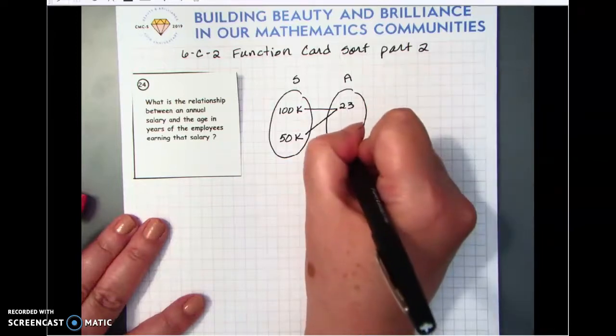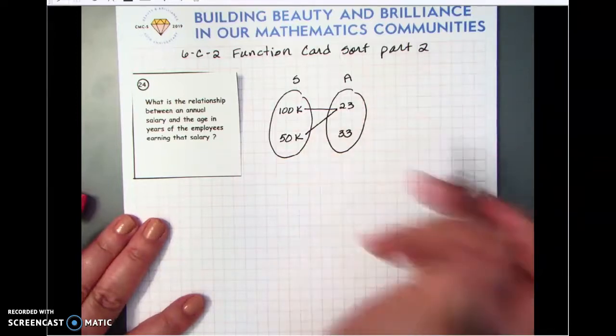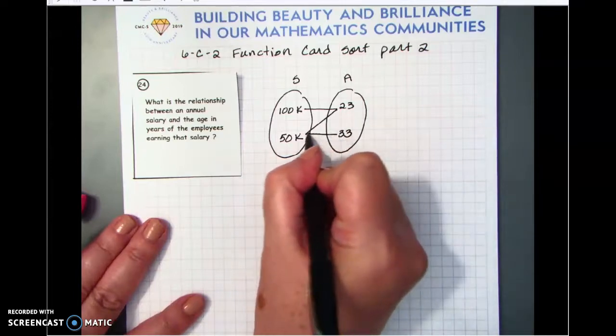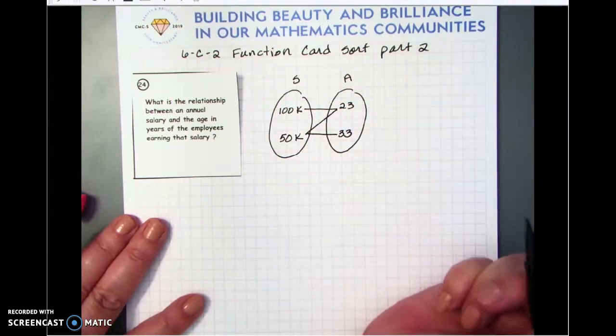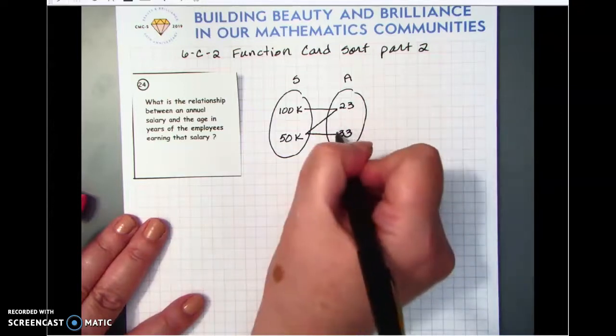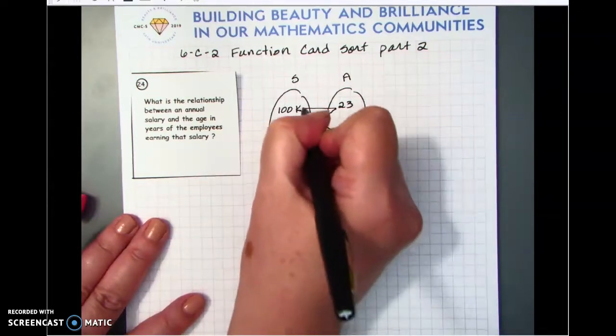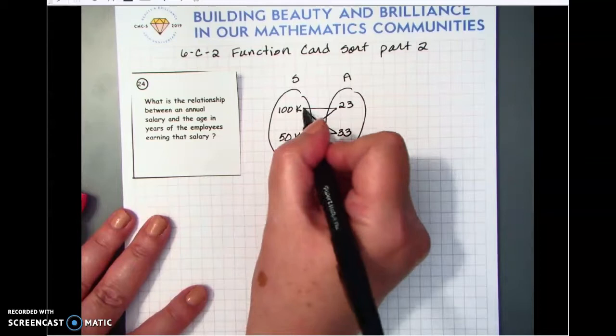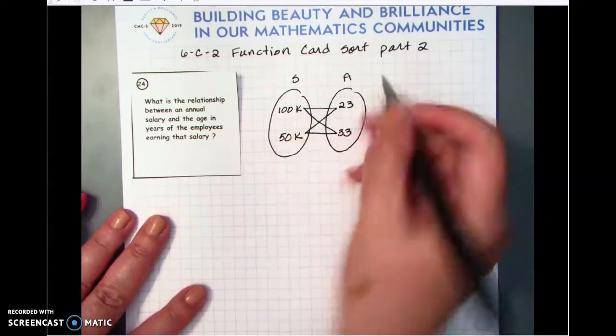And then there might be somebody who's 33 who could be starting out for the first time with a degree and getting $50,000 a year, or maybe worked their way up a ladder, or they just finished their master's or did something special, like aged up through the years, and they could make $100,000 a year. So do you see that this 1 point goes to many on this side?